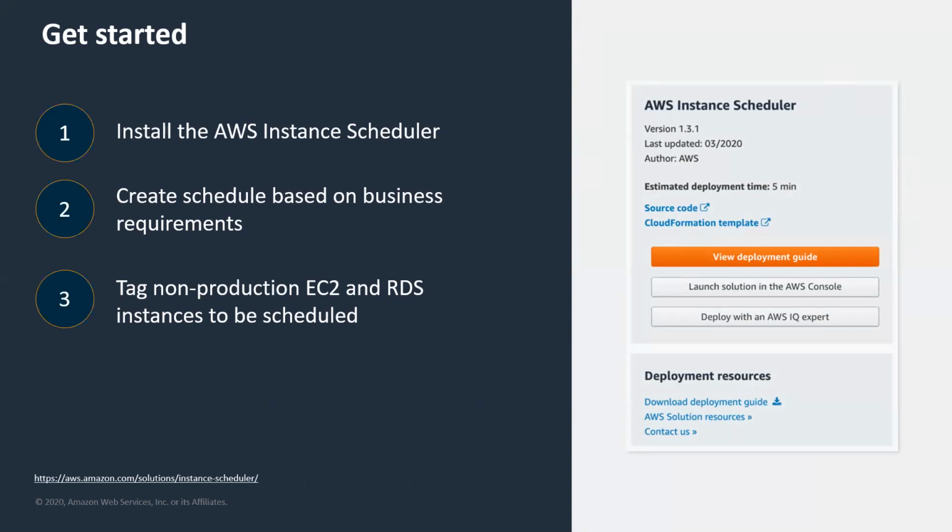And basically then it offers you a simple CLI interface which you can use to create schedules based on your business requirements. And behind the scenes, it stores all the schedules in DynamoDB, and it implements all the scheduling using AWS Lambda. And also you can apply these schedules based on custom tags to your non-production EC2 and RDS instances to be scheduled.